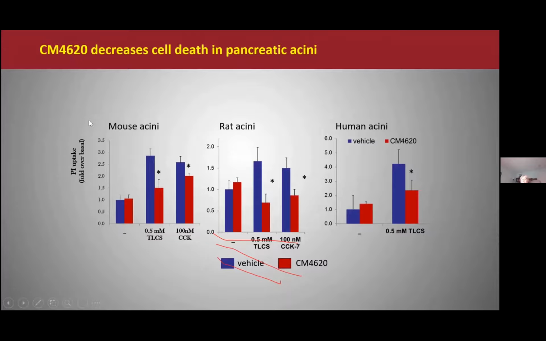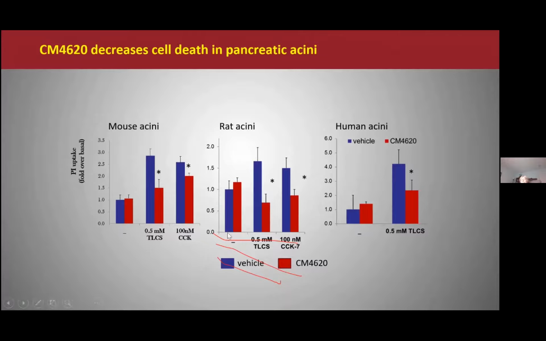And what we show here is that in different kinds of cells, pancreatic acinar cells from different species, from mouse to rat to human, are actually affected by this compound in a beneficial way. And here we measure propidium iodide uptake as a measure of membrane permeabilization and necrosis.